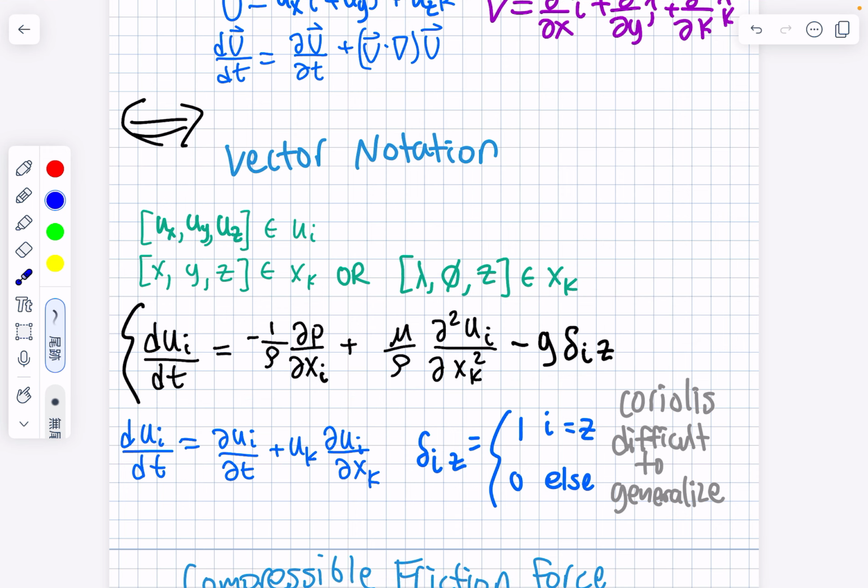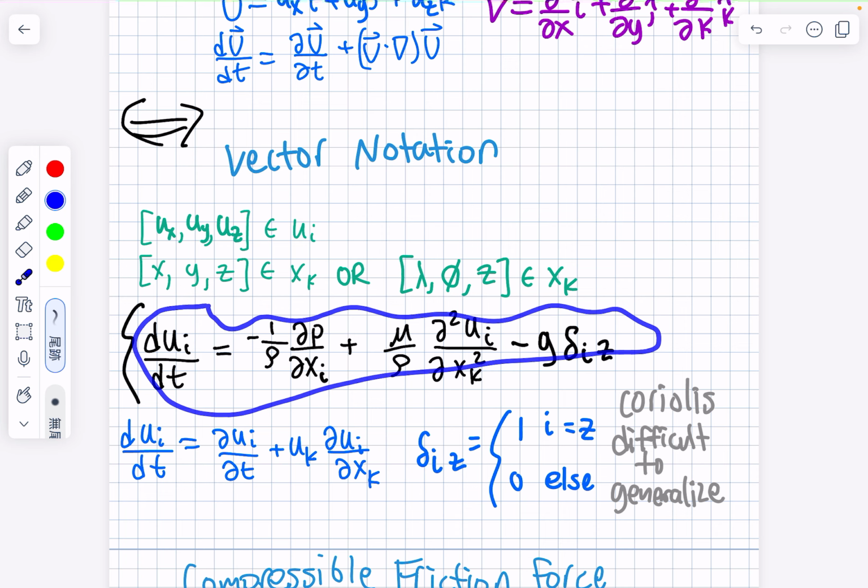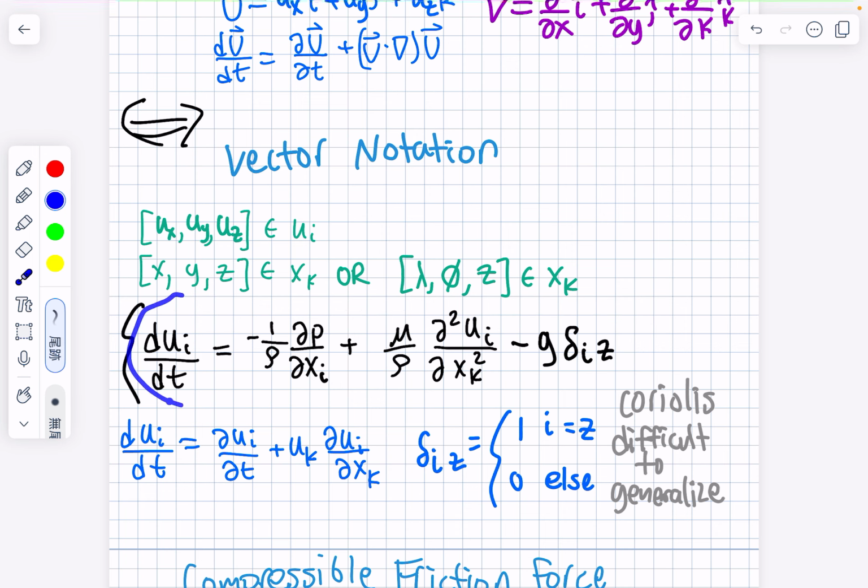So yeah, I don't know if this will come in handy in the future, but I've been starting to notice a lot of numerical solvers for non-structured grids. They use these i's and k's as a sort of vector notation for defining how their solver works.